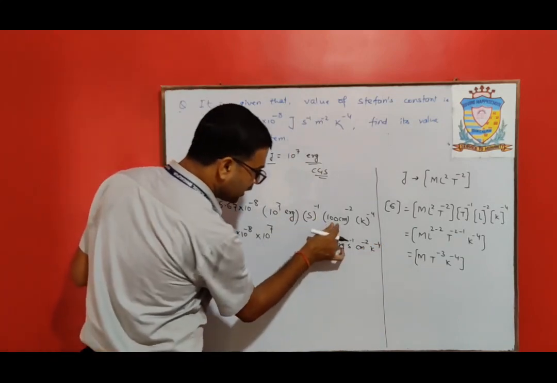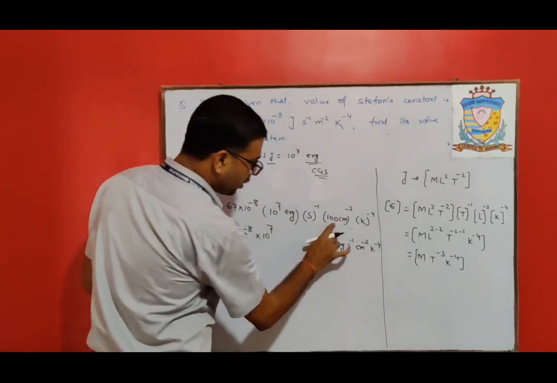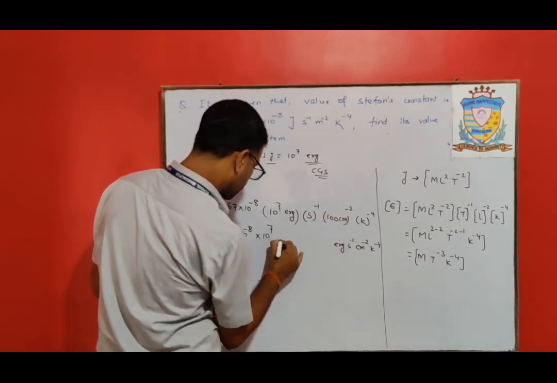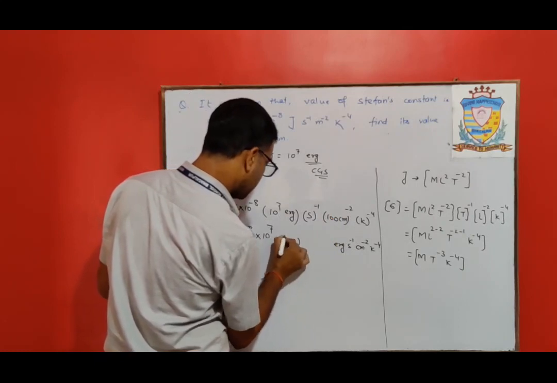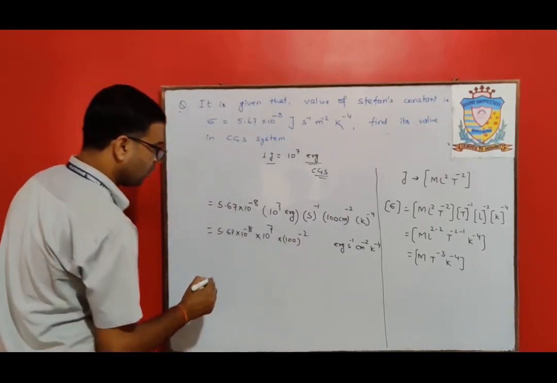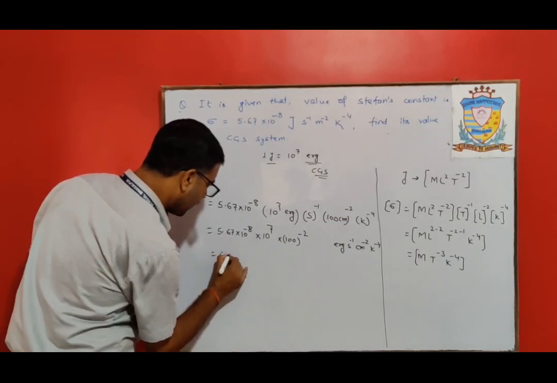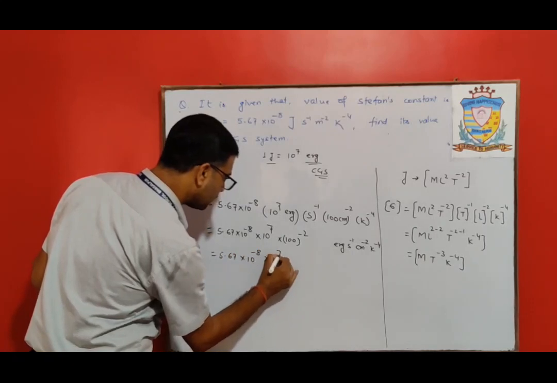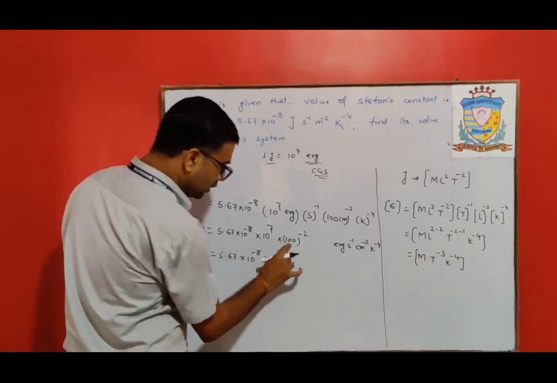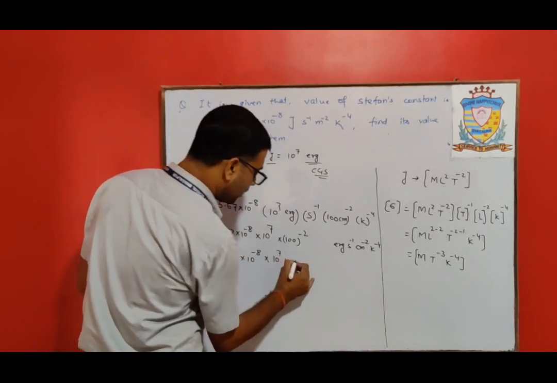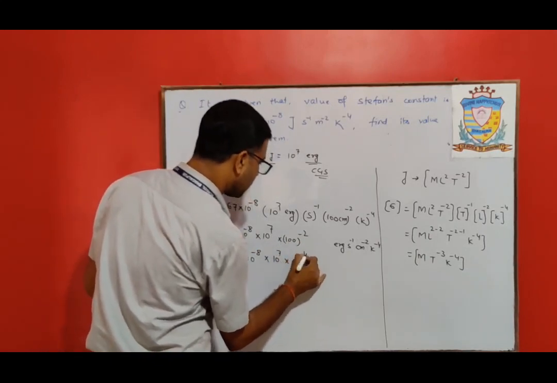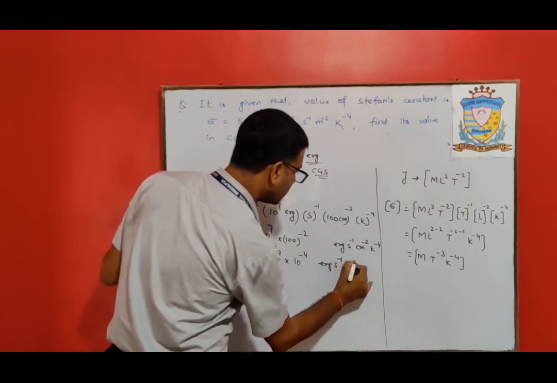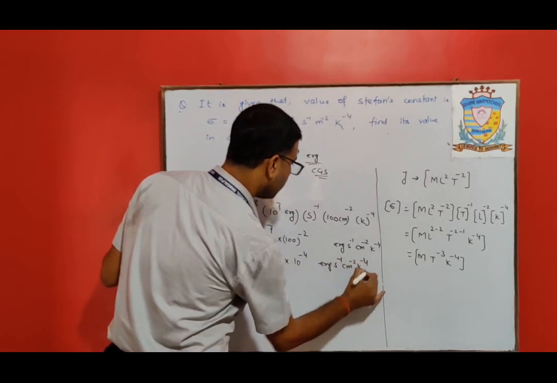But this 100 to the power minus 2 gives 10 to the power 2 multiplied by minus 2, so 10 to the power minus 4. Erg per second per centimeter square per Kelvin whole 4.